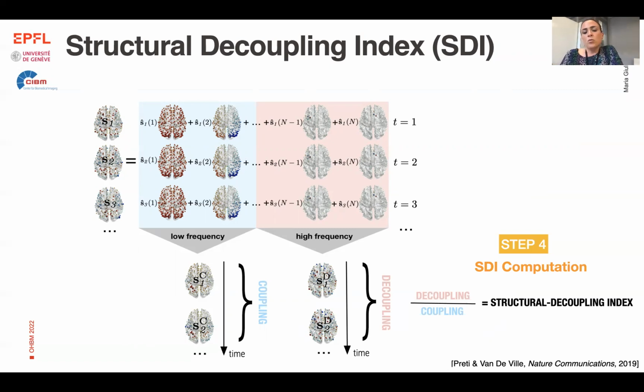To compute a global metric of coupling and decoupling across time, we compute the L2 norm across time of the coupled and decoupled time courses for each node. The ratio between this decoupling and coupling is what we call the structural decoupling index, a node-wise metric quantifying the degree of decoupling from the structure of the fMRI signal at each node.